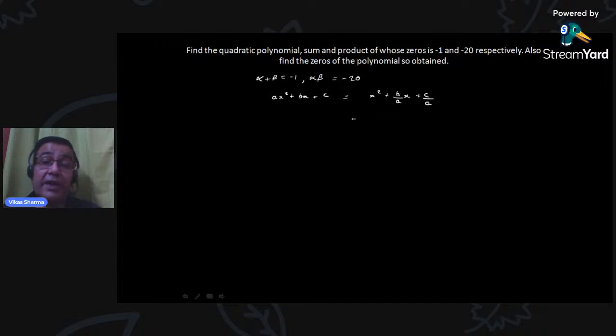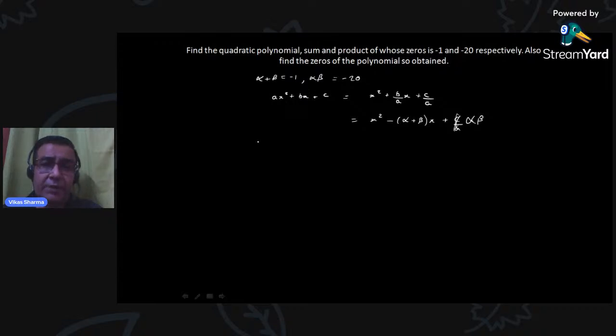Negative b upon a we know is the sum of zeros, so x square minus alpha plus beta times x plus c upon a, or I can write it as alpha beta. So that should be equal to c upon a. Okay, so this is the polynomial that I have. So all I have to do is substitute the values.